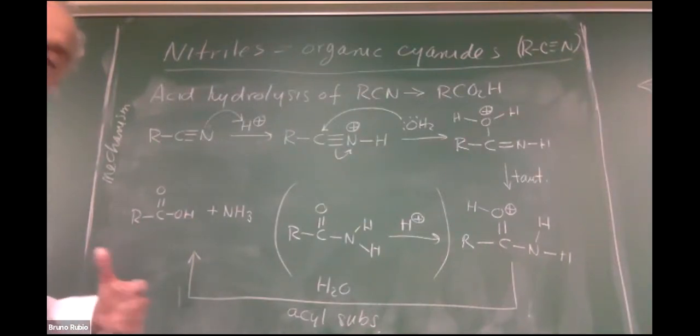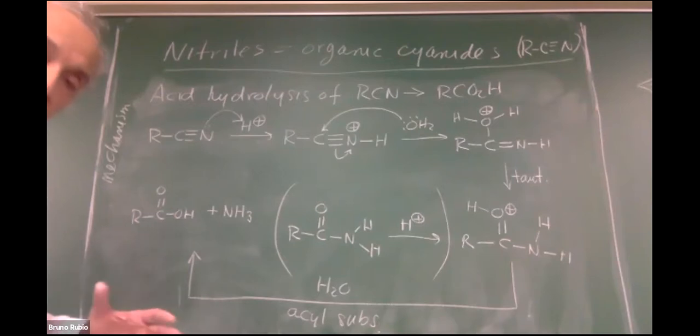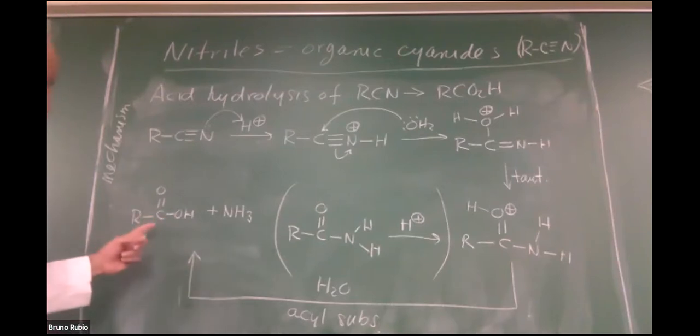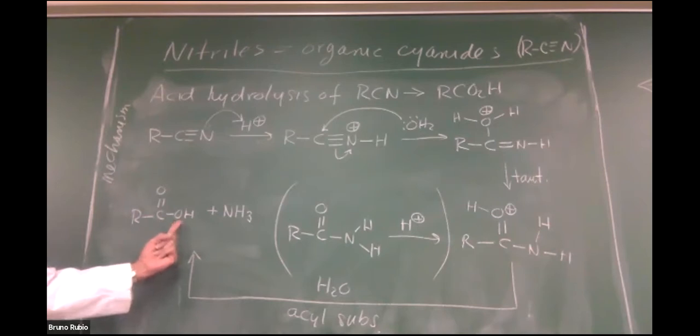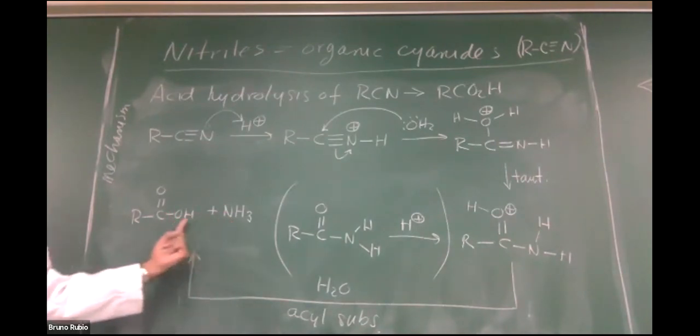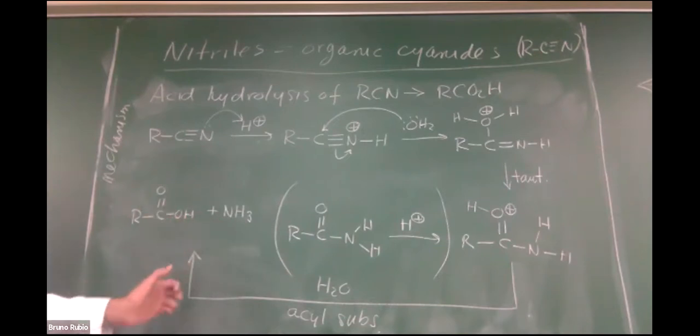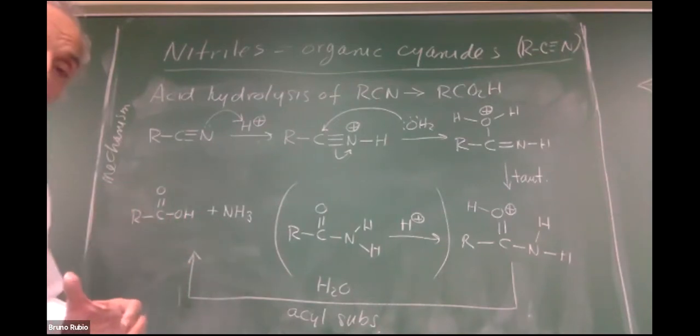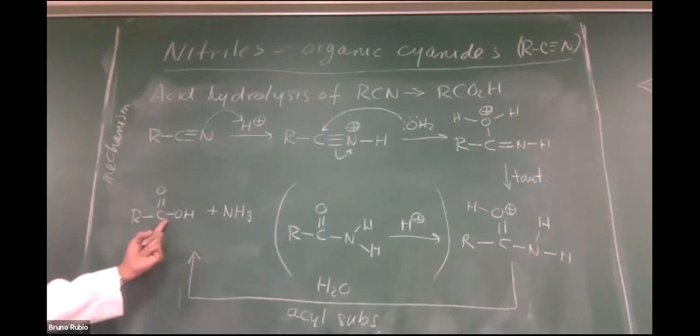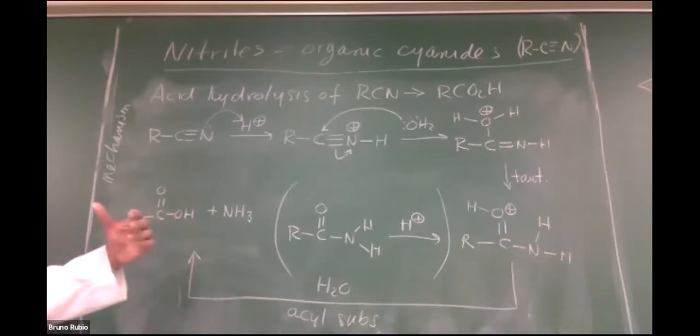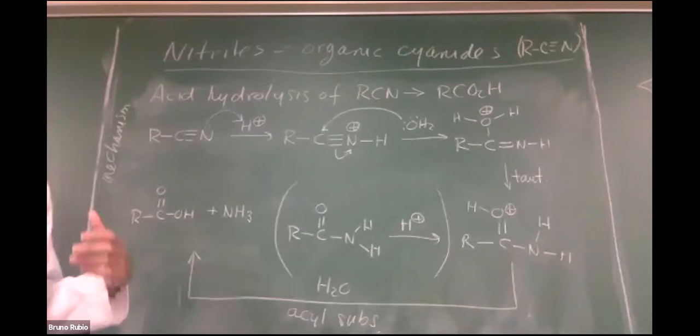But now the problem, and to finish up this mechanism, the problem is this is a pretty good acid, that's a pretty good base. These two guys are going to do an acid-base reaction unless there is an acid stronger than this carboxylic acid in the reaction mixture. Something like HCl or something like sulfuric acid.